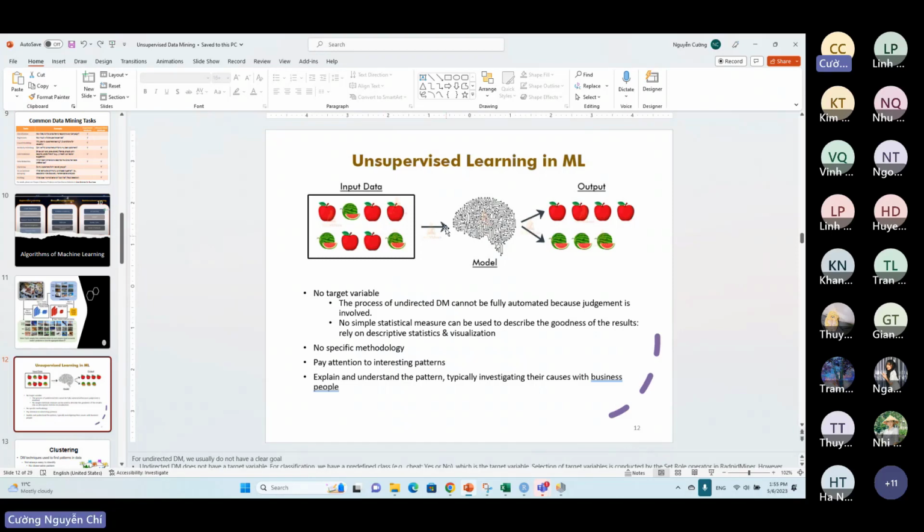Okay, so there's some kind of unsupervised learning model that helps you to separate them into two different groups, and then they classify that, okay, all these red fruits will be in the first group, and the green fruits will form the second group. Even when we don't know this will be apple, even when we don't know this would be watermelon, anyway, they can classify them into the two different groups.